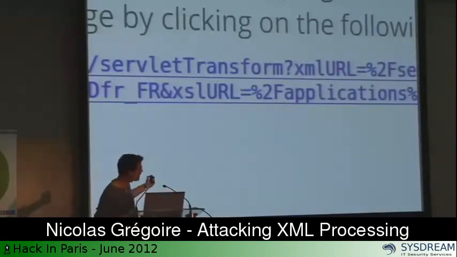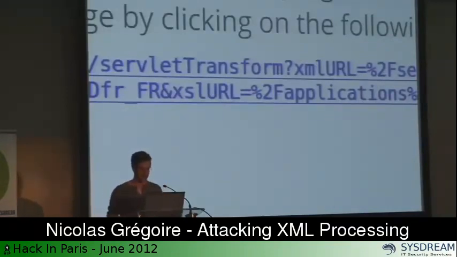The fun part is that this servlet and these parameters are exactly the same as in the sample application published with Xalan. So I hope Chronopost is not using the sample application on their production network, because it's very, very easy to compromise. But I didn't check. So if somebody is working for Chronopost, we can chat later.